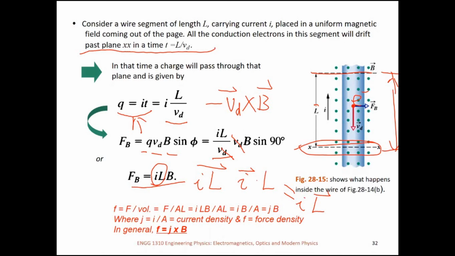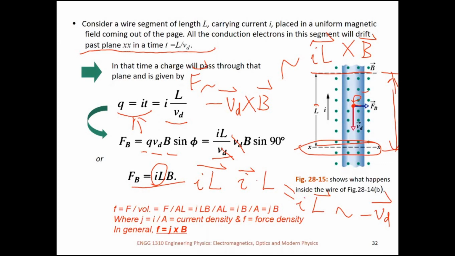So this direction is opposite to the Vd direction. If the force is along this direction, that's equivalent to saying it is along the IL direction cross product with the B direction.